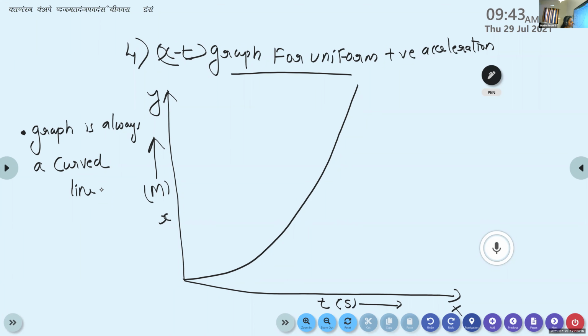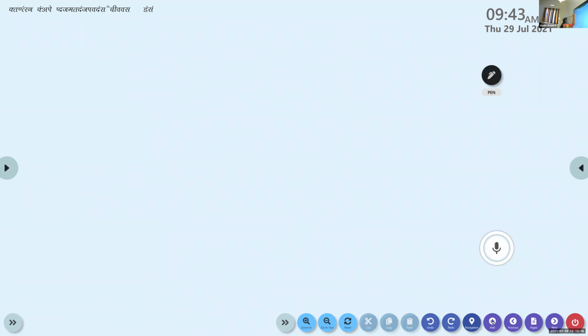The last case, position time graph for a uniform negative acceleration.